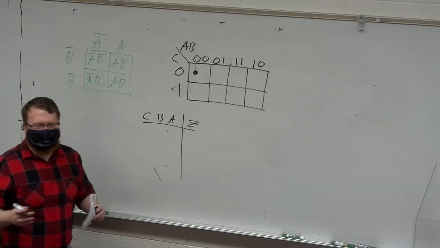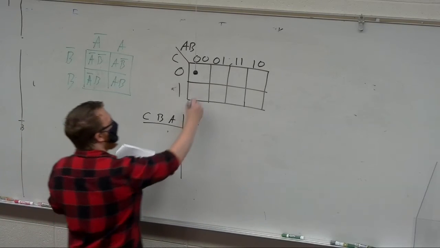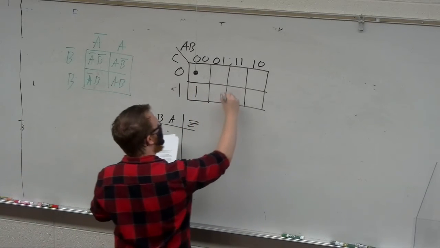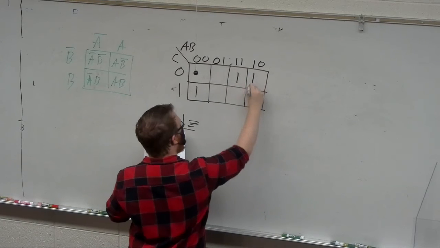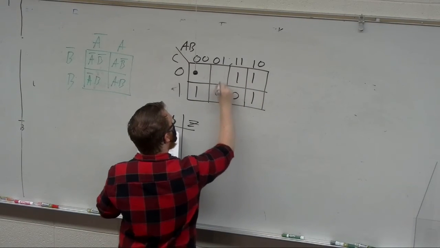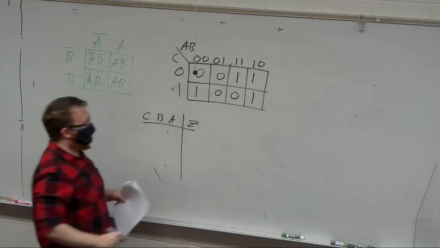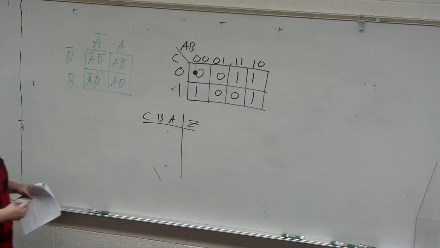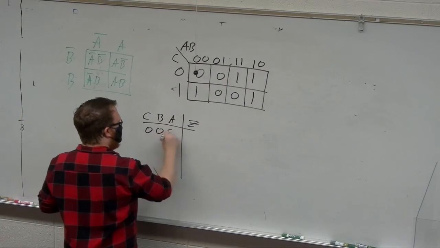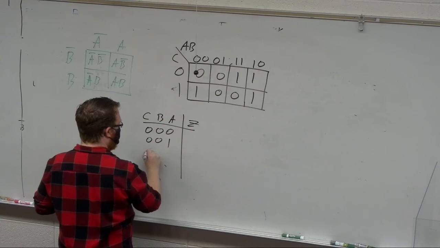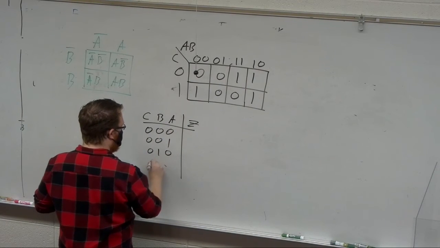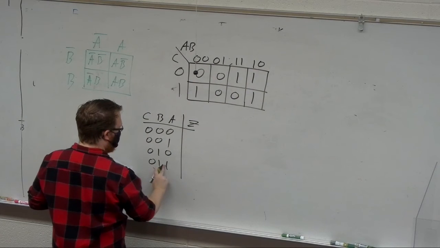Actually, this might be an interesting learning experience. So they give me a K-map that looks like so. Now, this seems arbitrary, but I want you to understand where it comes from.